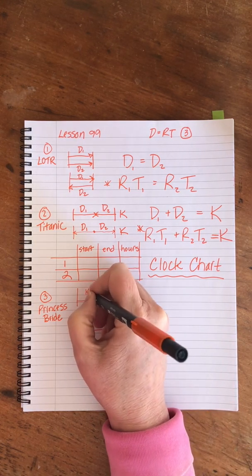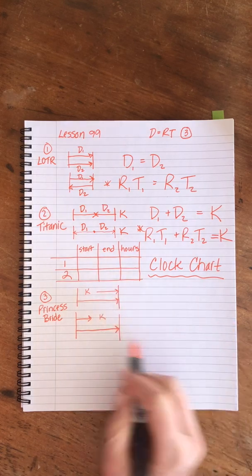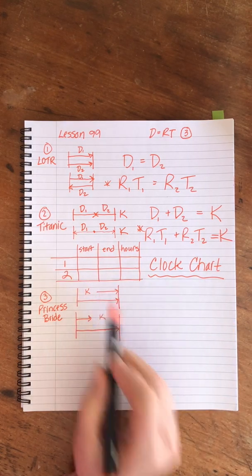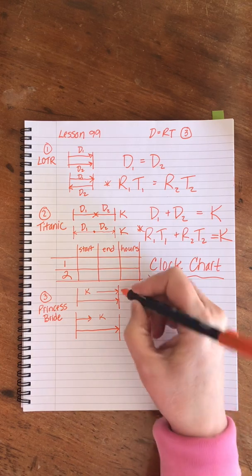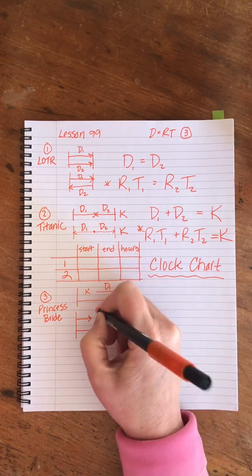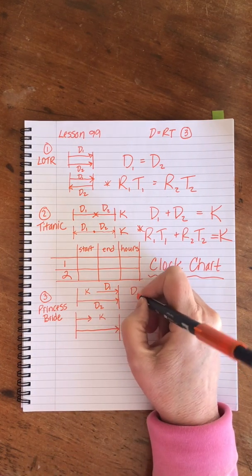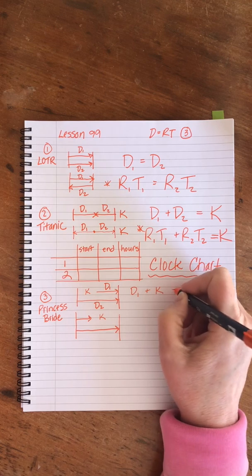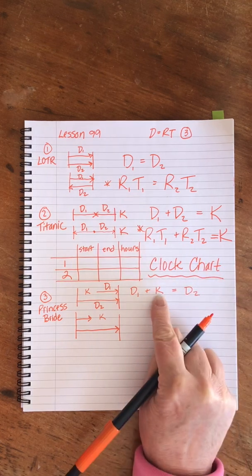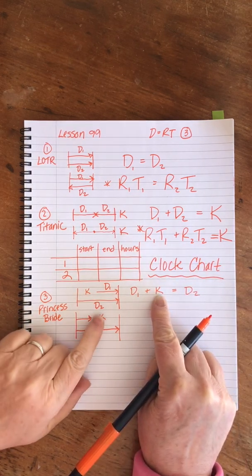This time we're going to use K to describe the gap, right? The distance that hasn't been traveled. And so the distances are unequal, but the gap balances them. So we can say, in this example, D1 plus K equals D2, right? This is the gap between them.